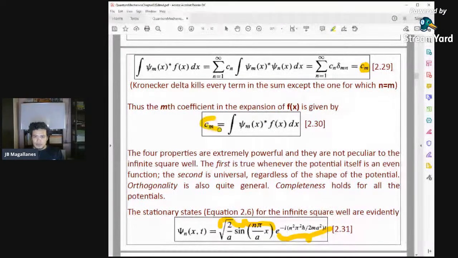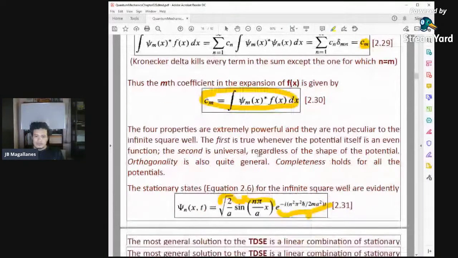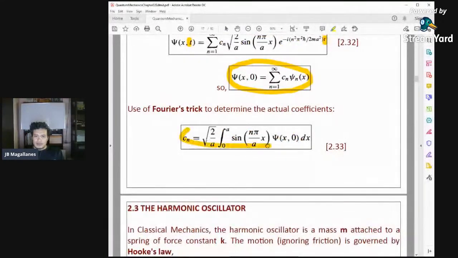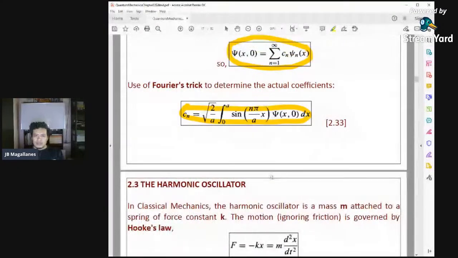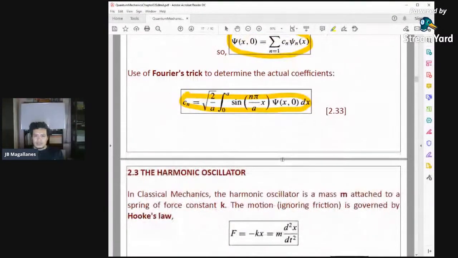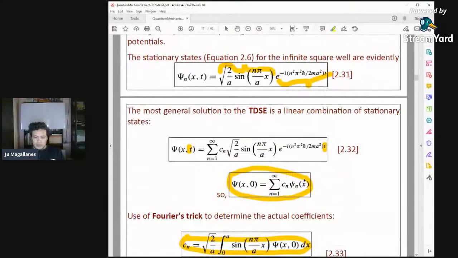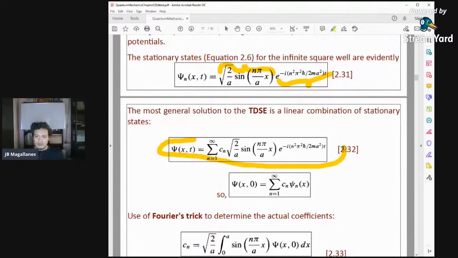So that's how you get the wave function of the infinite square well.